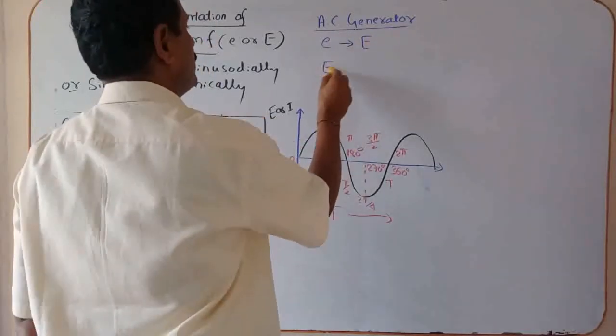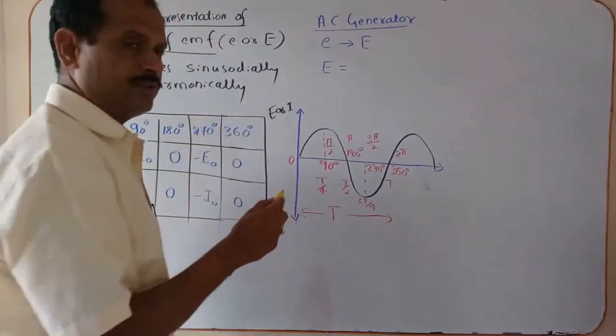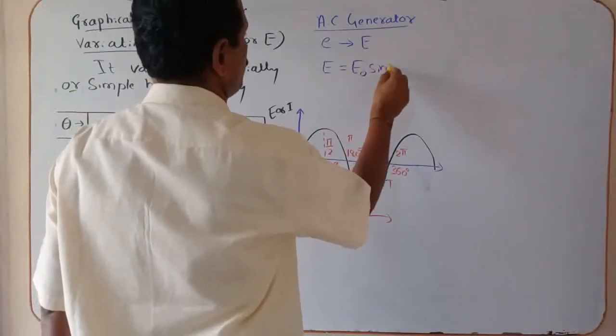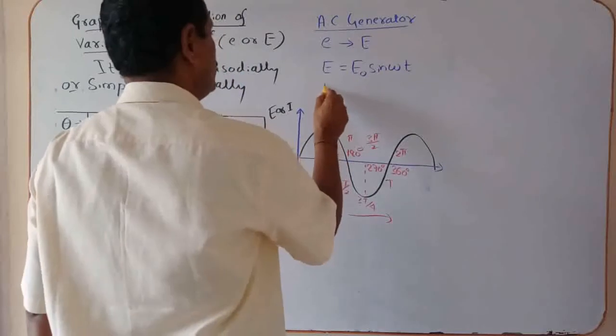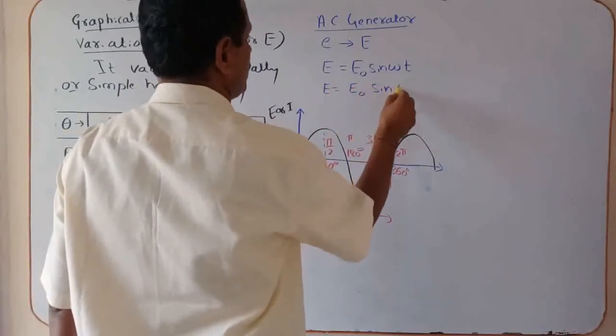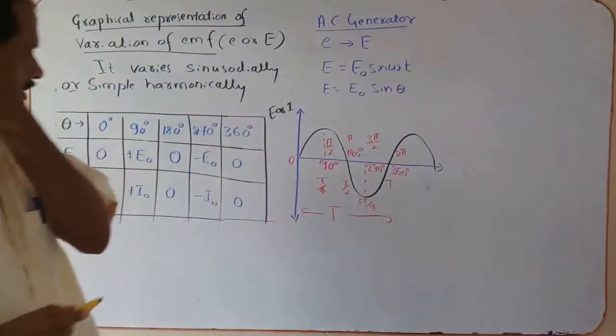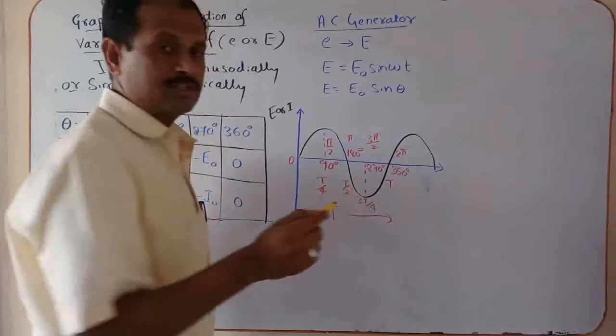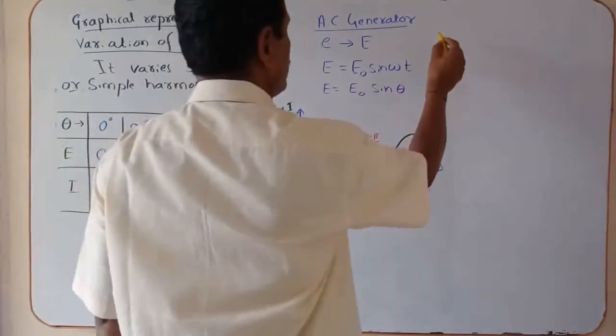Now, at any instant of time, EMF E is equal to E naught sine omega t, or you say E is equal to E naught sine theta. Here theta is the angular displacement and t is the time taken.